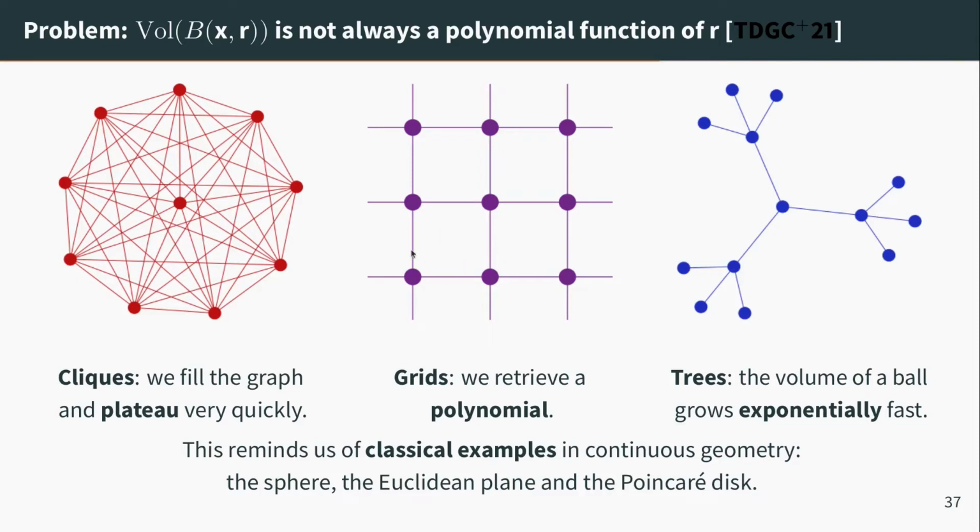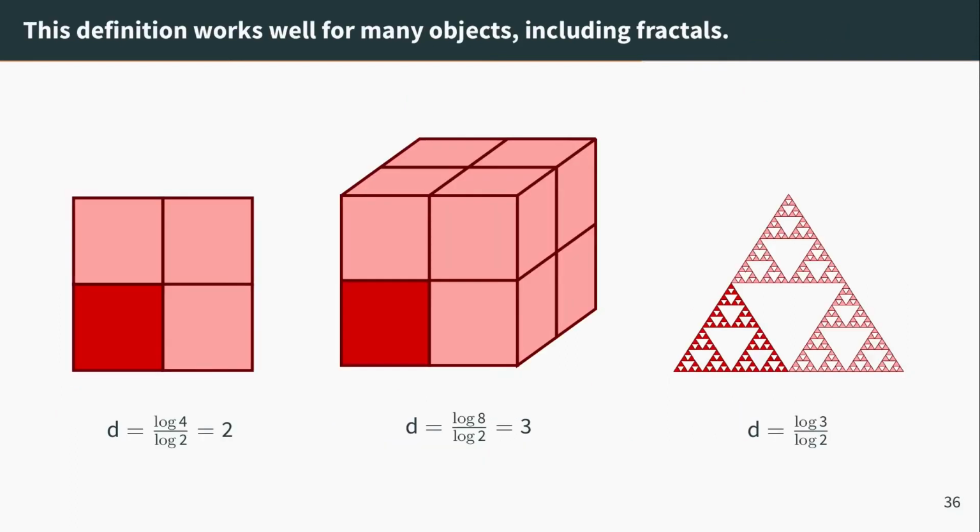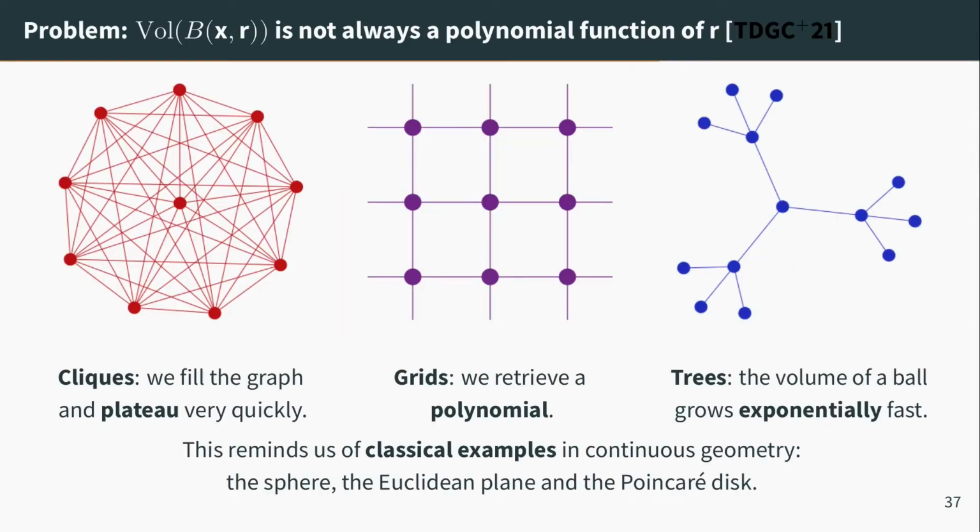Then you have an example which is grids, 2 degrees, 3 degrees, and in this example, the definition makes sense. That's not a surprise because this is exactly what we had in mind when we defined the Hausdorff dimension. So that's a good thing. But then a third, very interesting class of graphs is the class of trees.